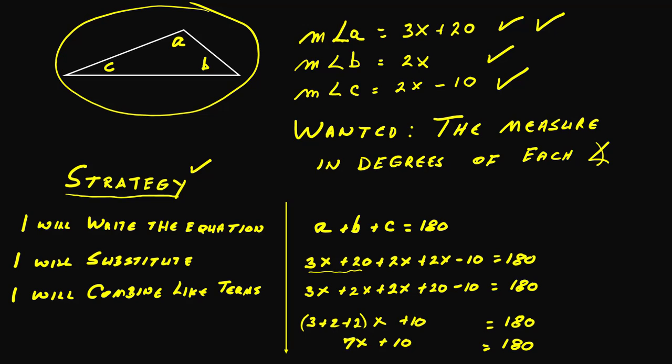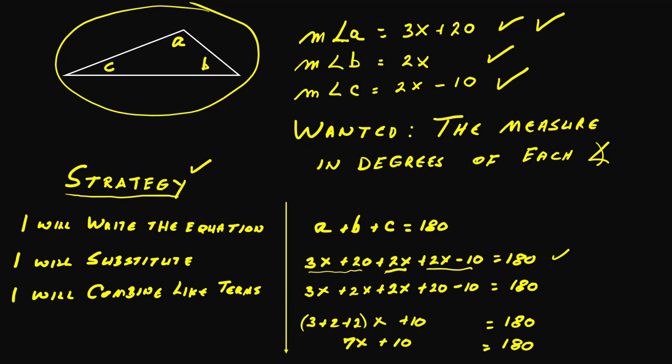That's what I did here. Now I'm going to substitute 2x in for B. That's this 2x. And finally, I'll substitute in for C. That'll be 2x subtract 10. Bring down the equal sign and the 180.